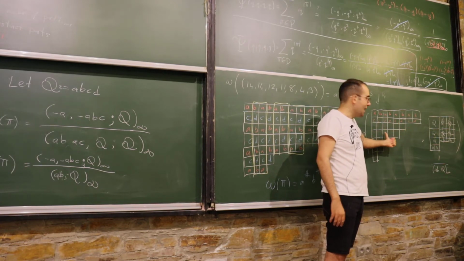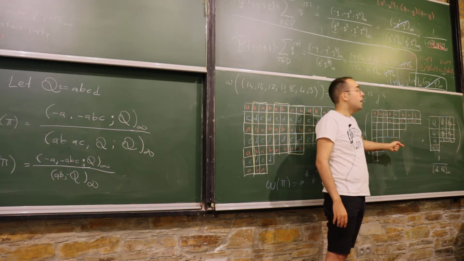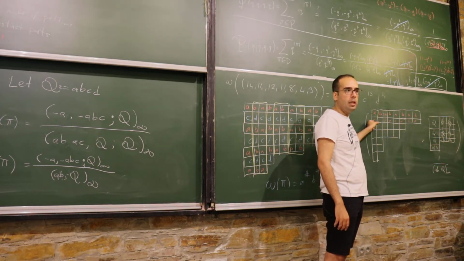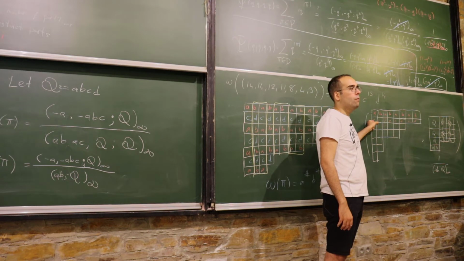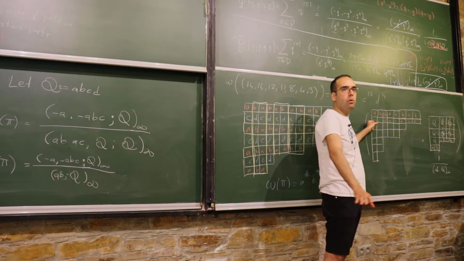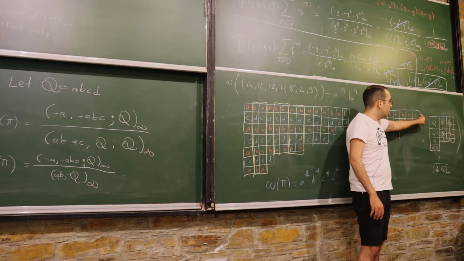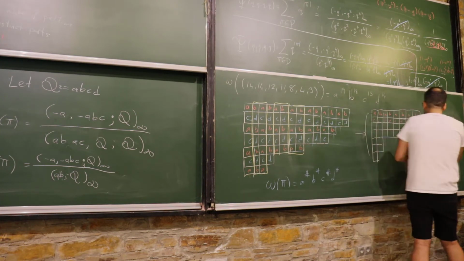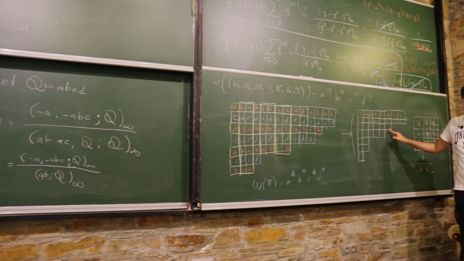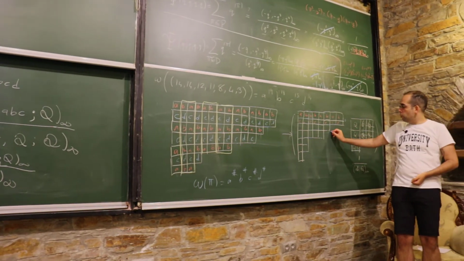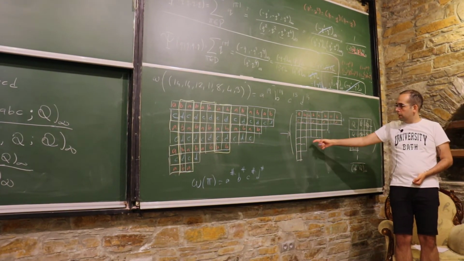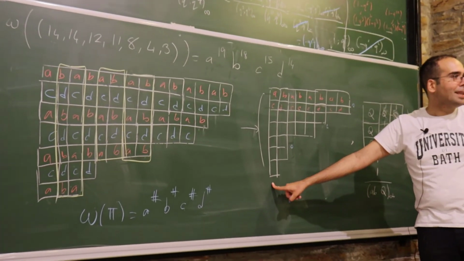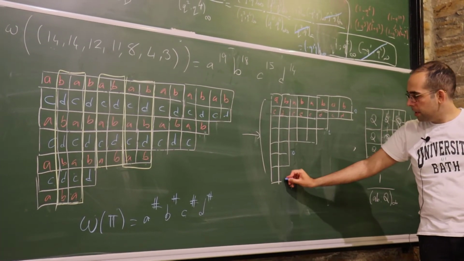And the property this guy has is, this is a partition where from the odd index part to the following even index part, the gap is no more than 1. Like never more than 1. The gap from the odd index part to the following even index, the gap here is 0. The next odd index to the even index part, the gap is 1. The odd index to the even index, the gap is 0. Odd index to the non-existent even index part, the gap is 1.